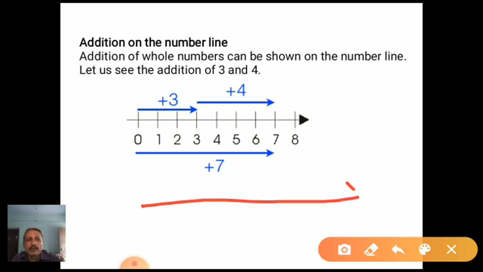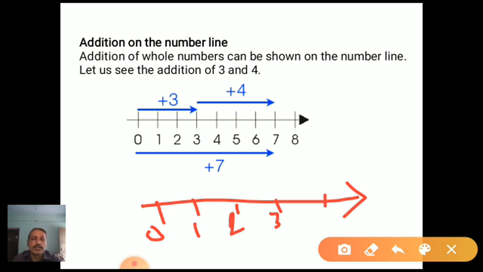Here we have to draw a straight line with the help of a scale, and at equal distances you put a mark. These marks are labelled 0, 1, 2, 3 etc. Why did I use 0 here?